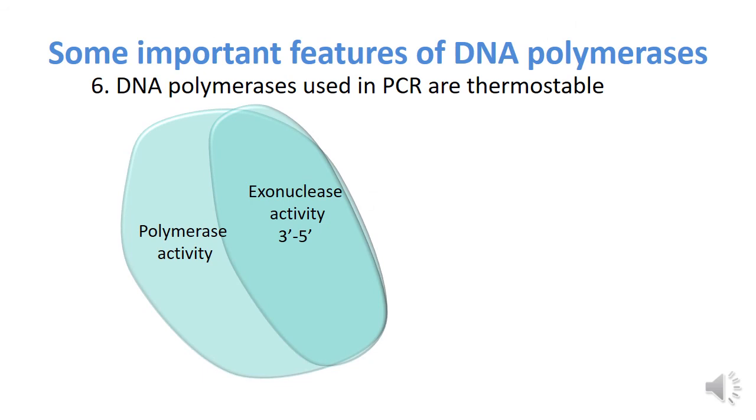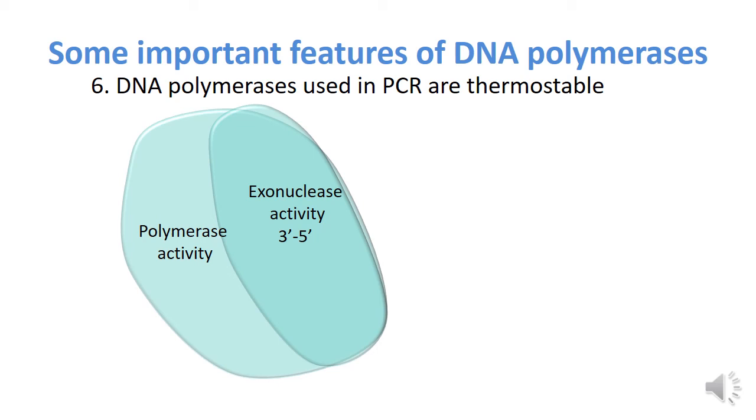Another important feature of DNA polymerases used in polymerase chain reactions is their thermostability. Within PCR machines, we have to use high temperatures, as high as 95 degrees centigrade, to break the hydrogen bonds and separate the DNA double helix, because they are the ones which will be used as templates for DNA replication.